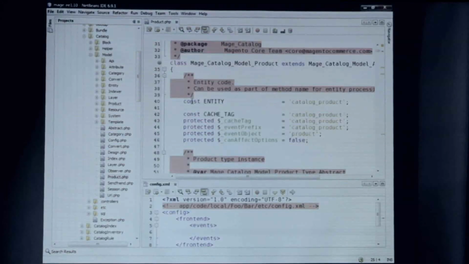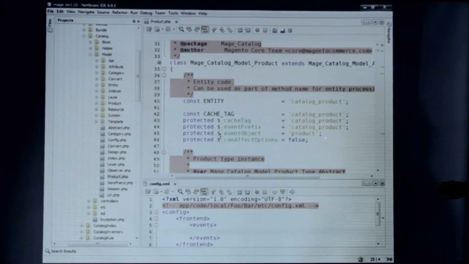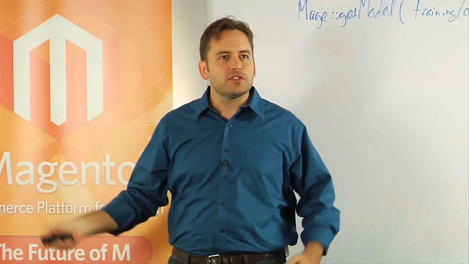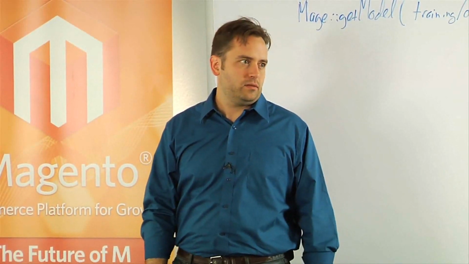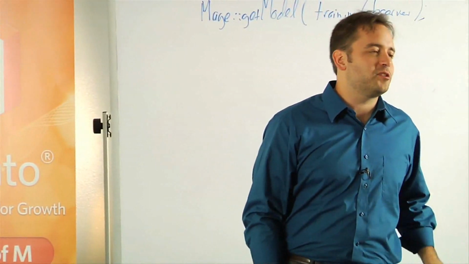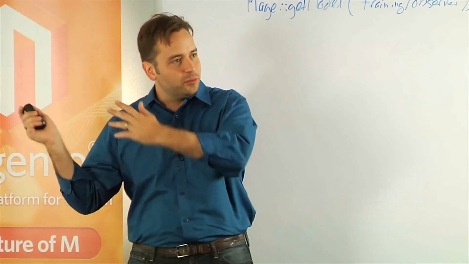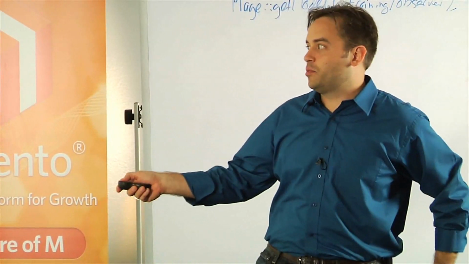So, how do I find that out? Oh, it's right here. Event prefix, catalog product. That's cool. If you don't specify the event prefix for your model, it uses, I believe, core abstract. So basically you and others may have core abstract load after, or load before, or save, firing if you don't specify the event prefix.